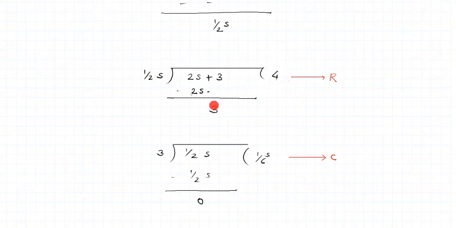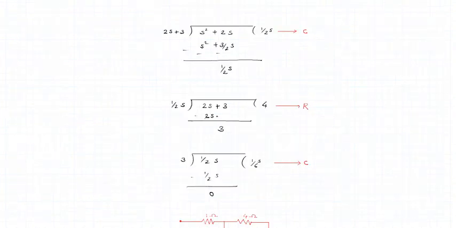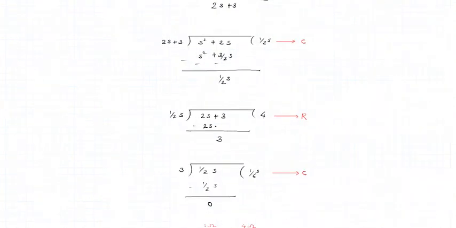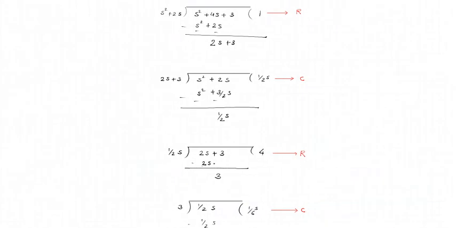Since the remainder is not 0, we continue the division, and in the fourth step we have obtained a remainder of 0. Analyzing all the quotients together, we observe that the first element is the resistive element of value 1.